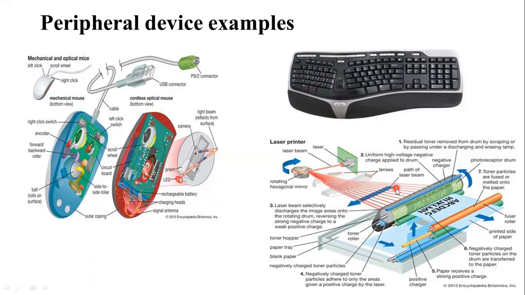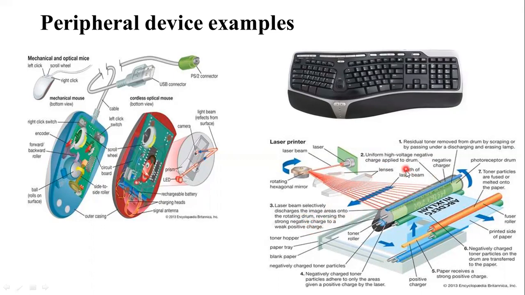The laser beam selectively discharges the image area on the rotating drum, reversing the strong negative charge to a weak positive charge.